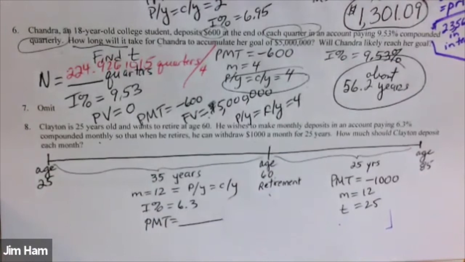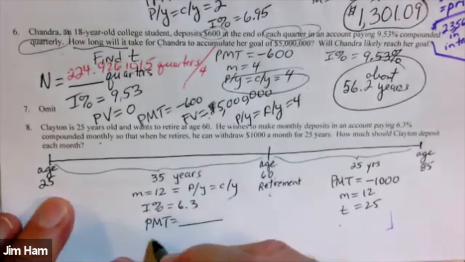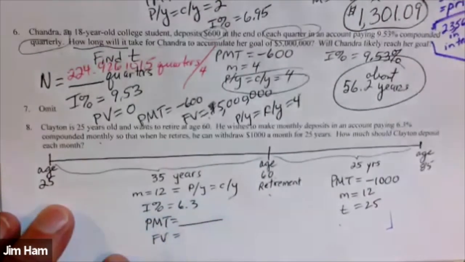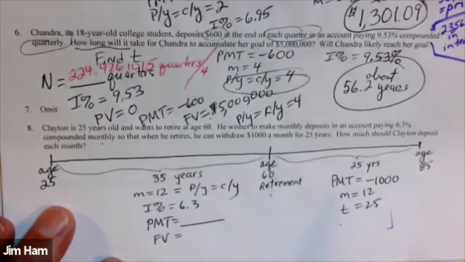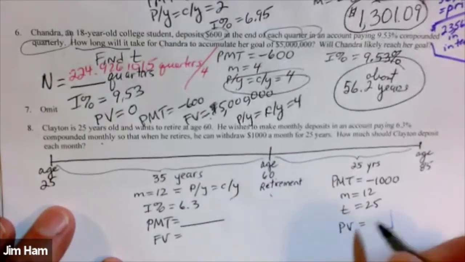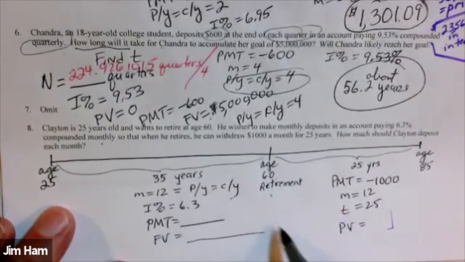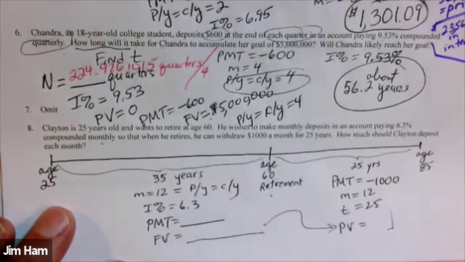Now, it might seem at first glance that they didn't give you enough information for this problem. The reason is that we're going to calculate the future value that Clayton has in the first 35 years, and then that becomes the present value in the second part of the problem.